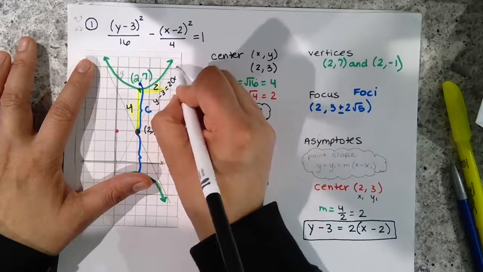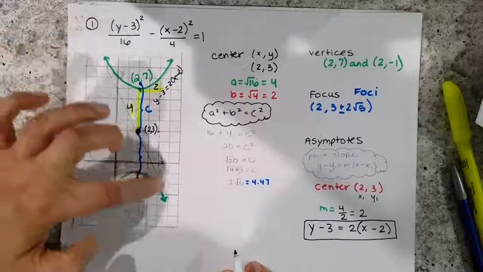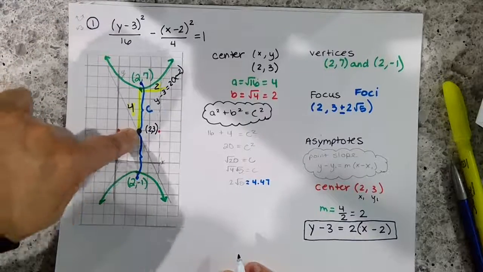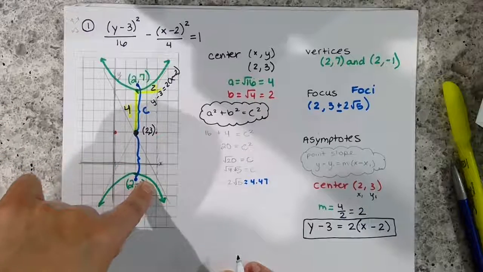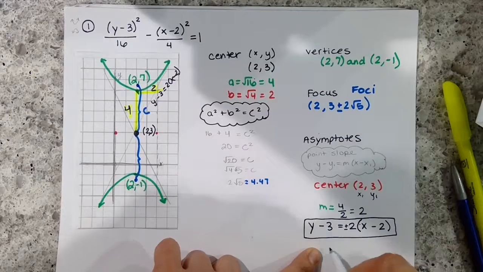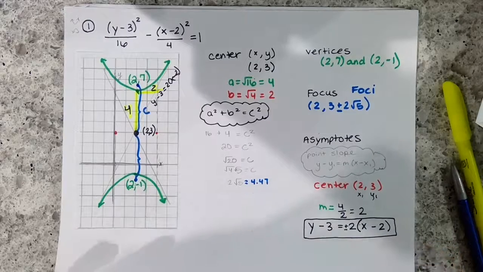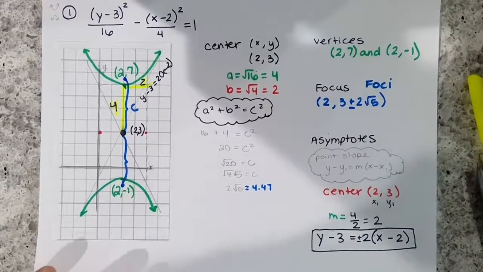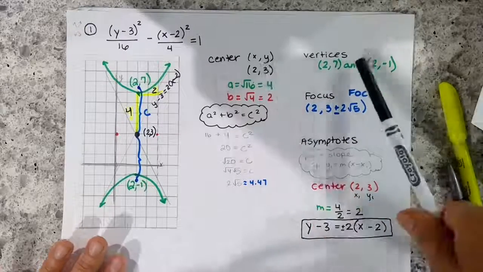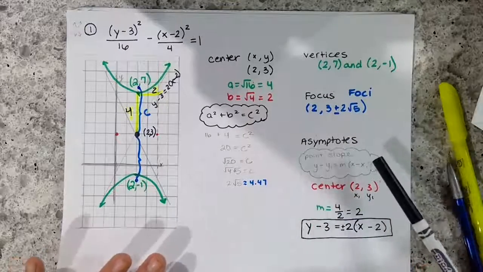But remember, it has two asymptotes. So this is the same equation passing through the same point, except your slope is now negative 4 over 2. So what they do is they say this is a plus minus. So they have the positive slope and then the negative slope in order to get both of the equations. That's it for problem 1. The graphing, the center, the vertices, the foci, and the asymptotes.